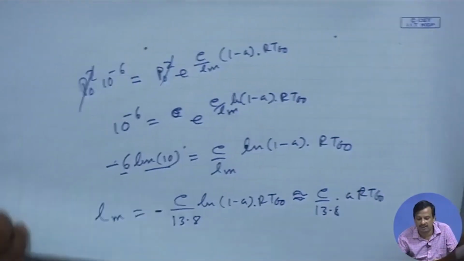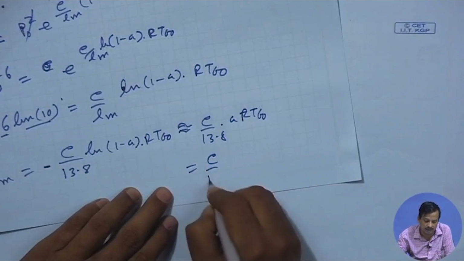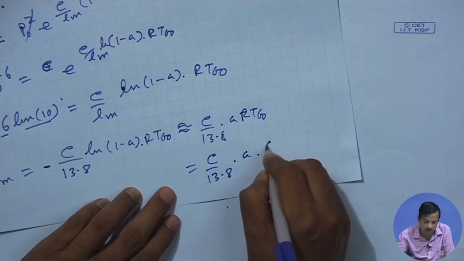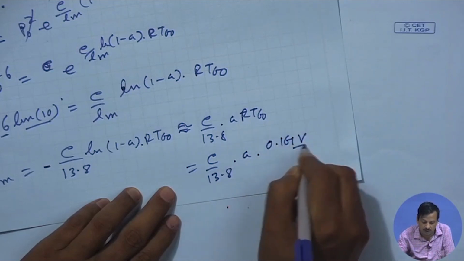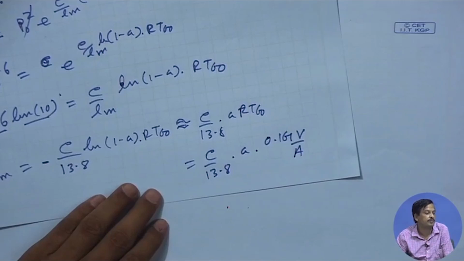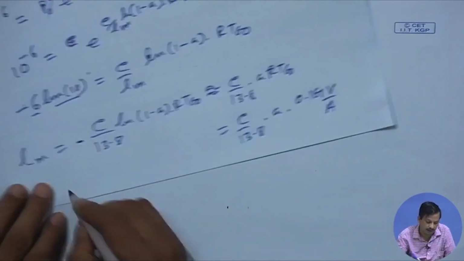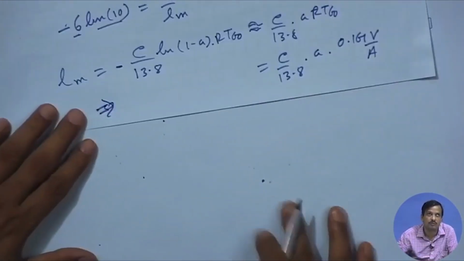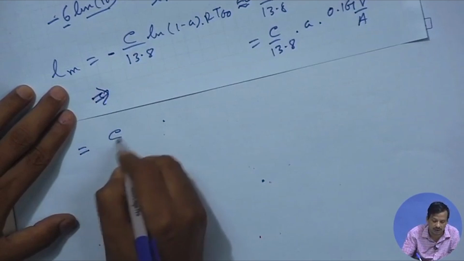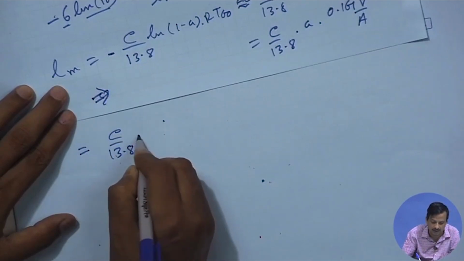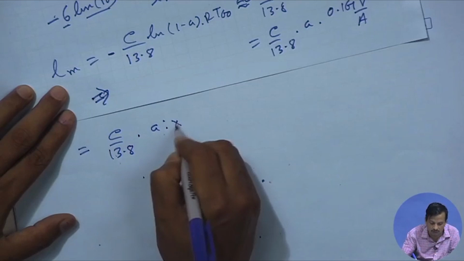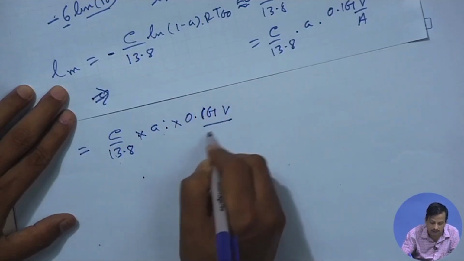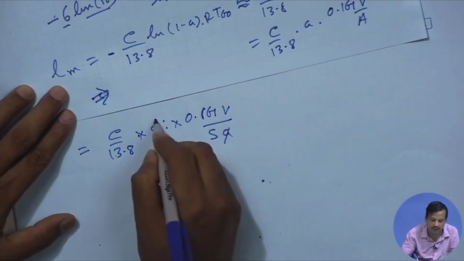Okay. What is RT60? I can say lm is c by 13.8 into a into 0.161 V by A. What is A? Again I can write this as c by 13.8 into a into 0.161 V by S into a. So, a and a cancel.